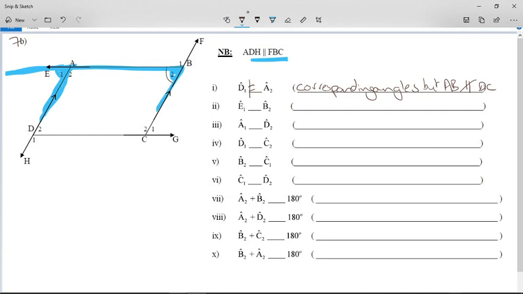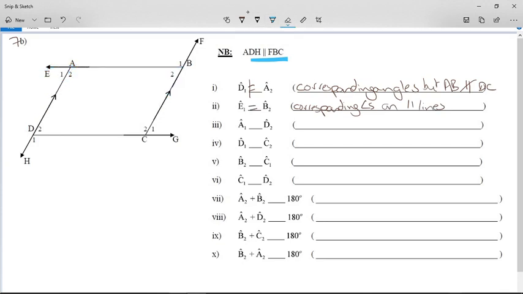There's my long F. These are also corresponding angles, so we can write corresponding angles. FBC is parallel to ADH, so they are corresponding angles on parallel lines, and if they're corresponding angles on parallel lines, they will be equal.